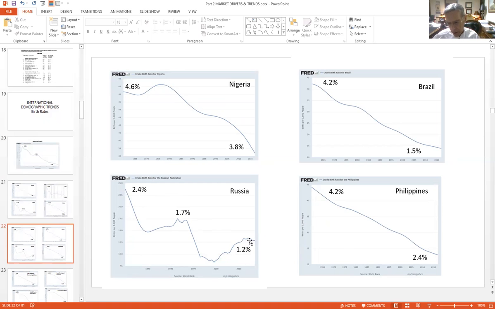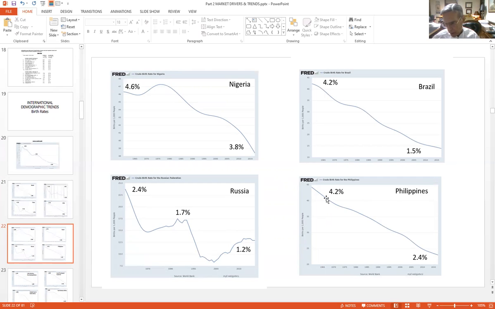And the Russian government is actually encouraging population, trying to maintain population. We'll see what has happened as a result of this dip. And it is that Russia's population in recent years has actually declined.